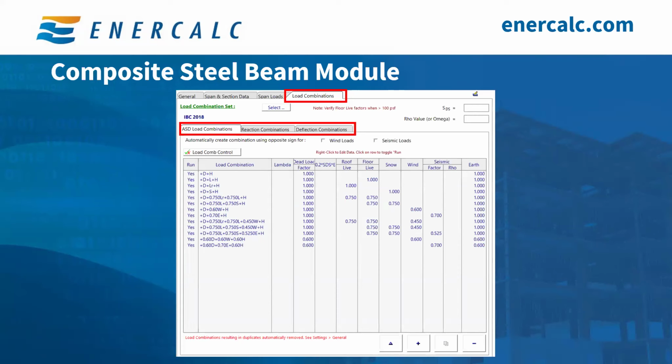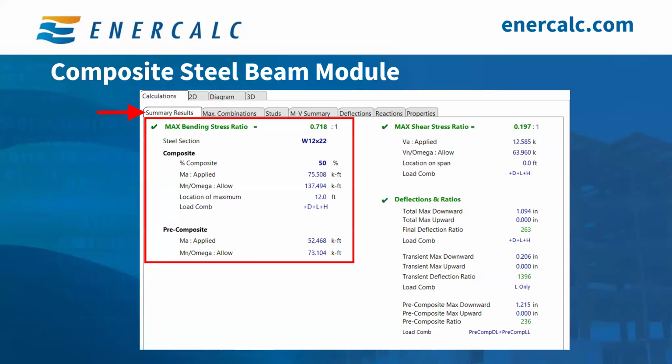The user can easily add, modify, or delete combinations, as well as selectively pick certain combinations to be turned on or off. So you can just say, I want to turn off this, this, and this, and you can easily turn them off right here, by switching yes to no under the run column. So this is very, very typical of all ENERCALC modules.